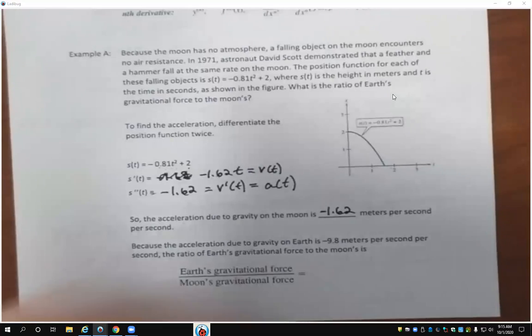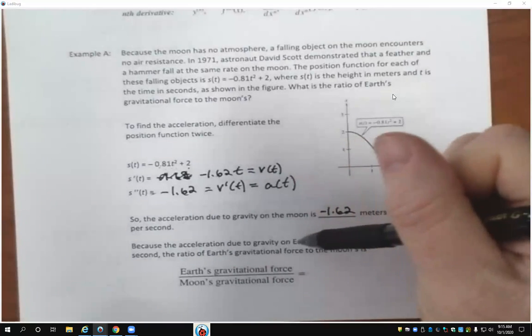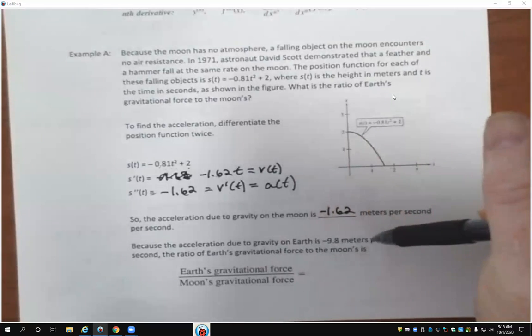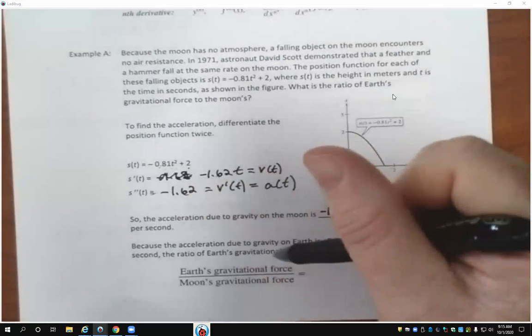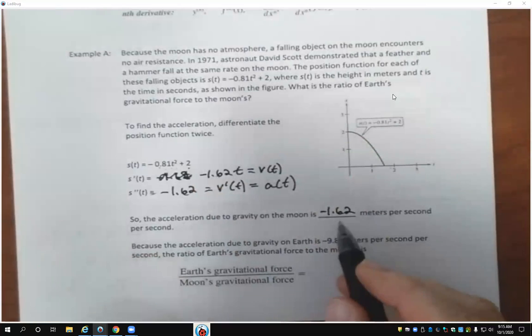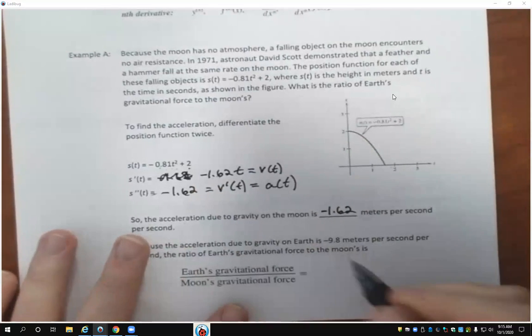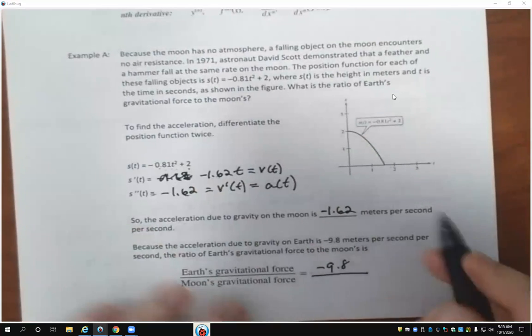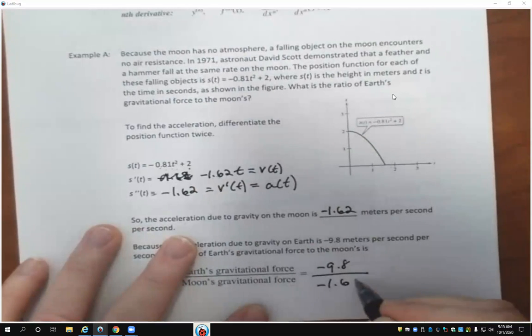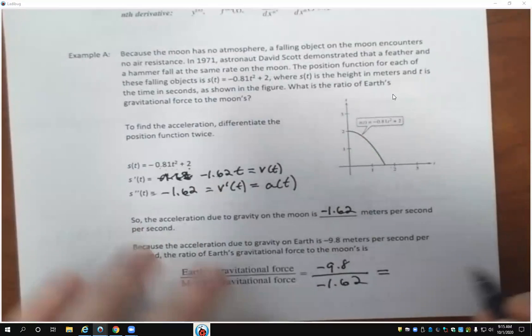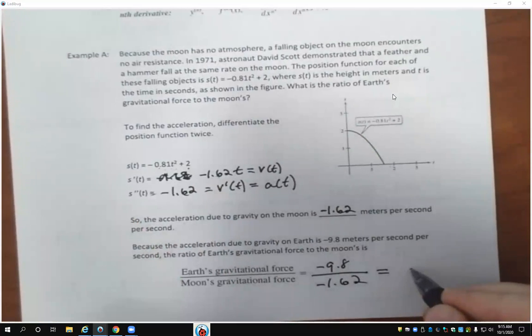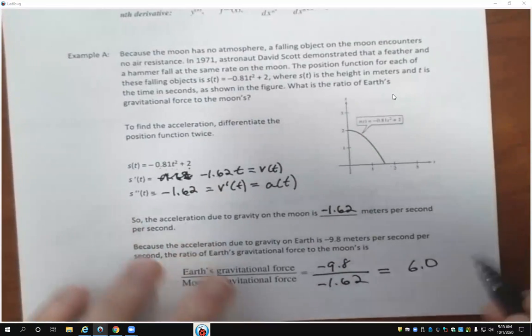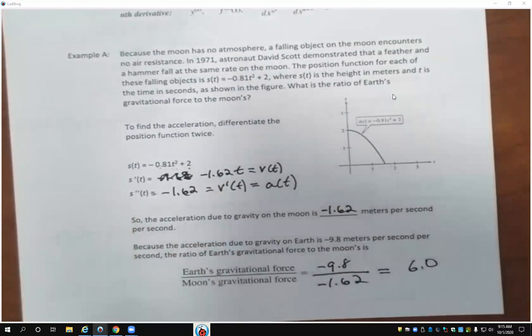Because the acceleration due to gravity on Earth is negative 9.8 meters per second squared, the ratio of the Earth's gravitational force to the moon's is negative 9.8 over negative 1.62. We divide that out and get approximately 6.